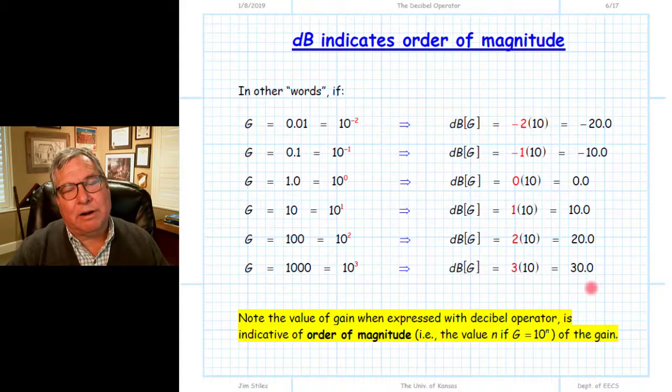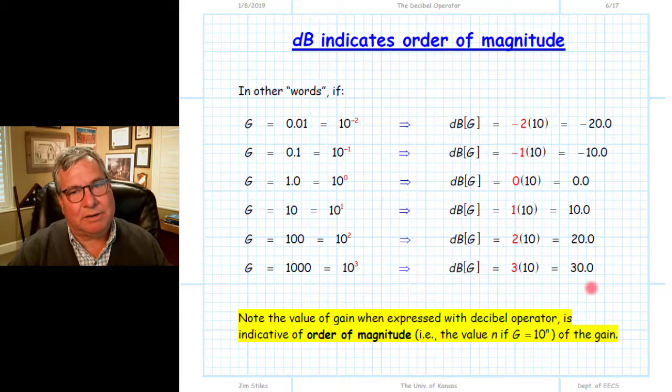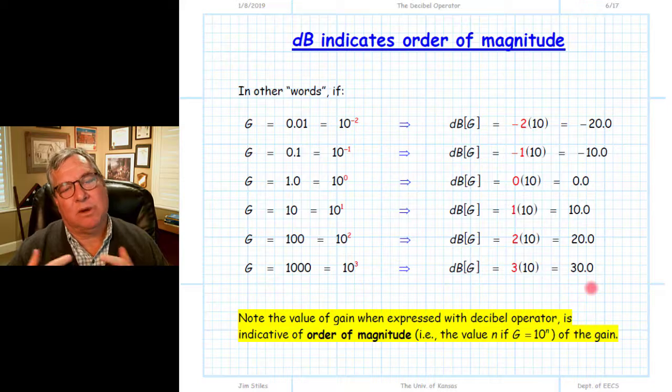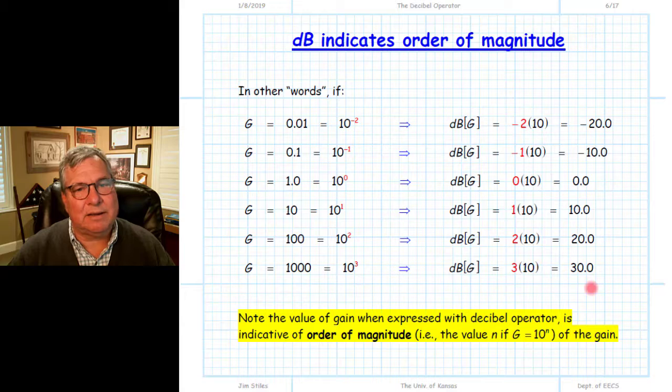Huge variation from the largest to the smallest. And this happens frequently, and that's one of the reasons, not the only reason, we use decibel operators so often in electrical engineering: the value really tells us the order of magnitude. Are we talking values of 10 to the minus 6th or 10 to the minus 10th or 10 to the minus 4th? What is the value? Well, we can tell that directly by the numerical value of the resulting decibel operator.